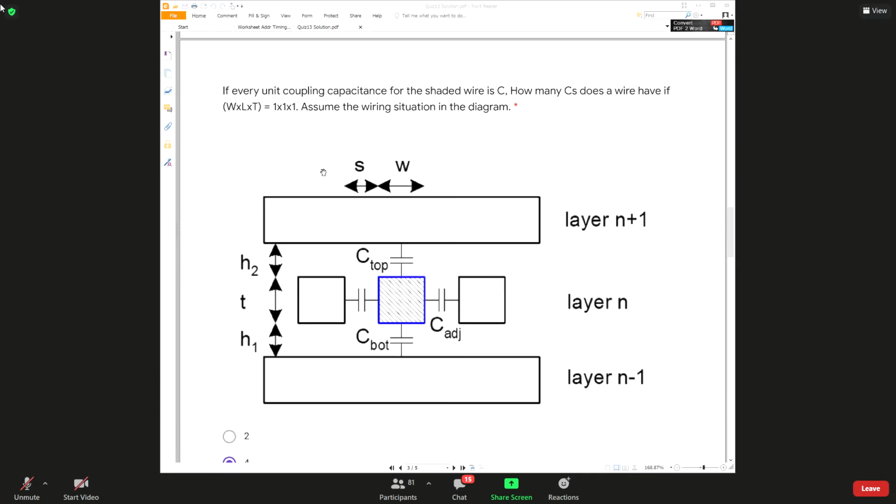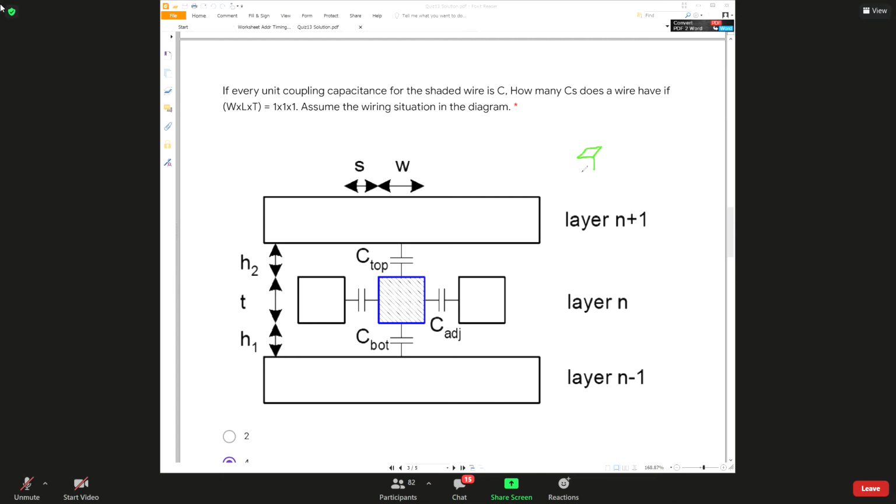Okay, it says for this one, how many C's do you have? I just went to the picture, the geometric layout, three-dimensionally, of what we got over here. If the length of this square box is exactly 1, what we're looking at is a cubical looking thing, right?